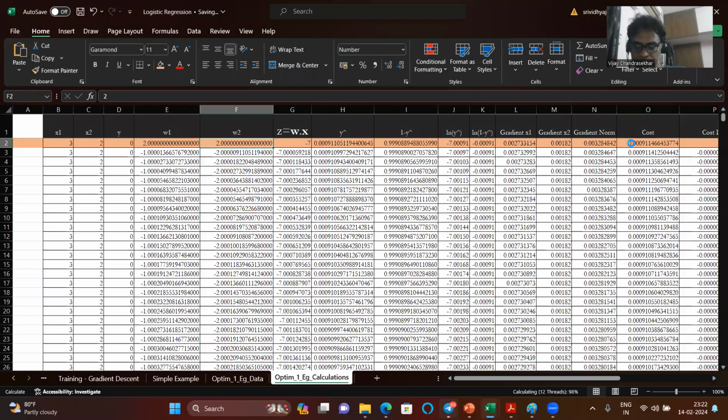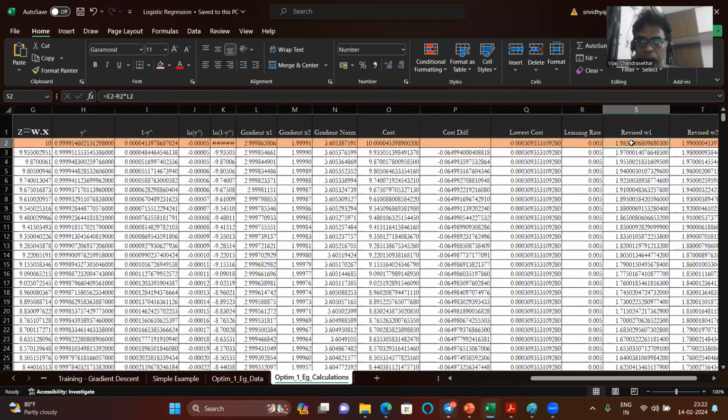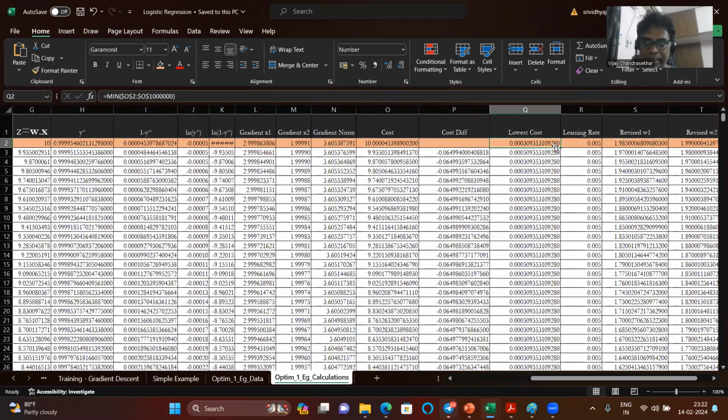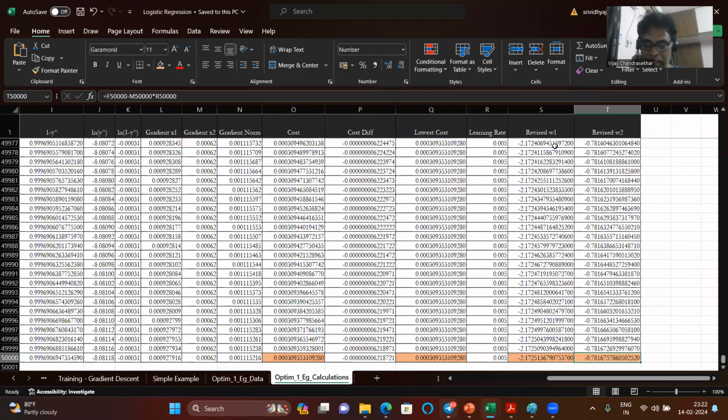Should be done now. Yep, here we go. So let's see what happens here. This again is what I'm calling the lowest cost, and here are the revised weights after 50,000 iterations. And it just so turns out that this is the cost, and this is the lowest cost as well.